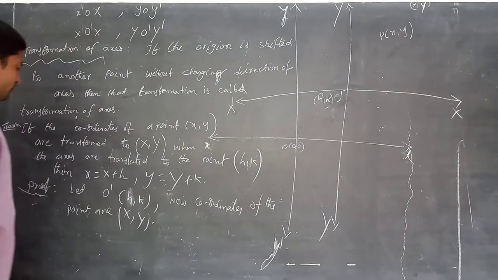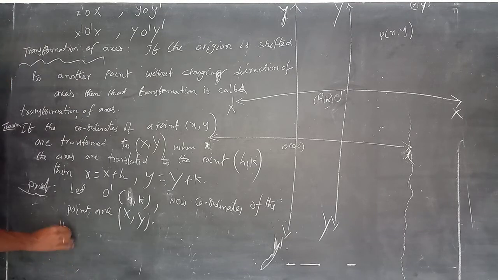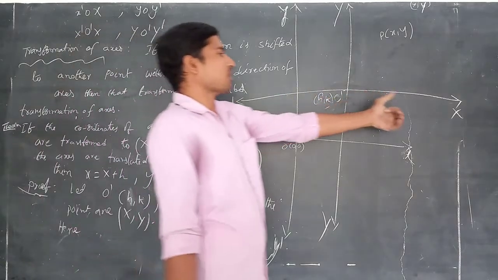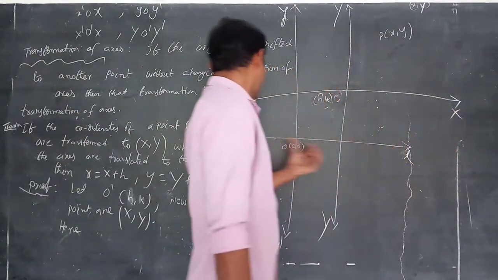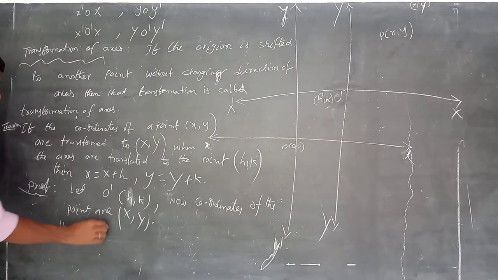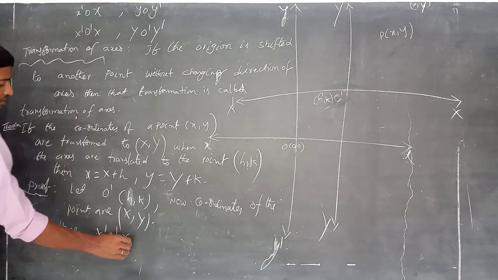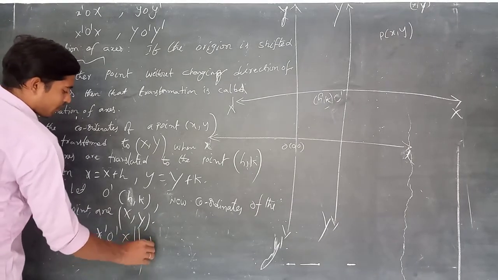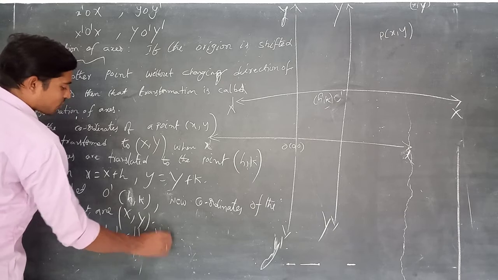Here x dash o dash x is parallel to x dash o x.